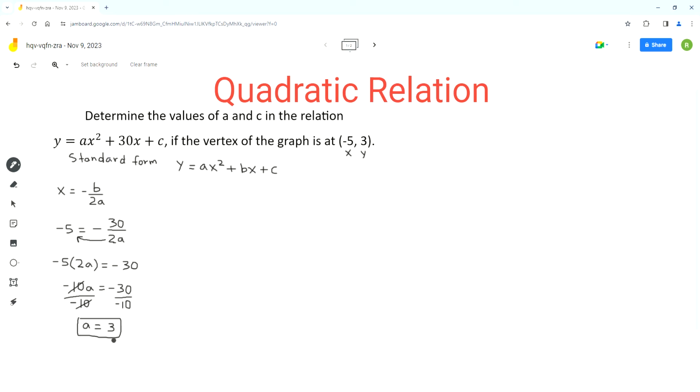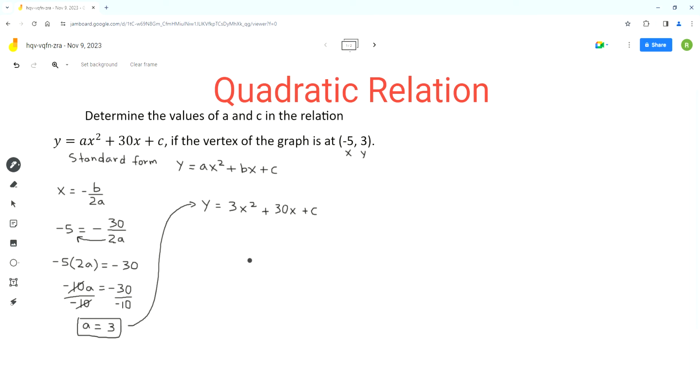Now we can sub in this value of a in this given relation to find the value of c. So our relation equation becomes 3x squared plus 30x plus c. Now we have to find the value of c in this equation.